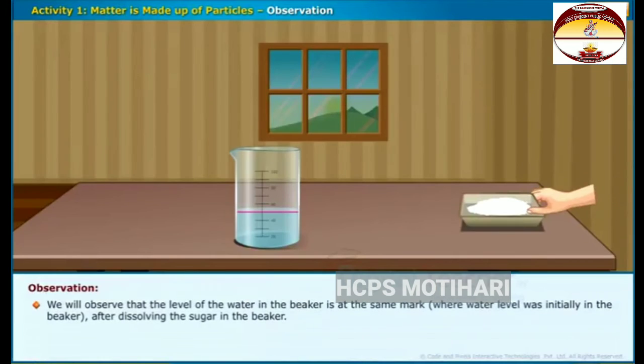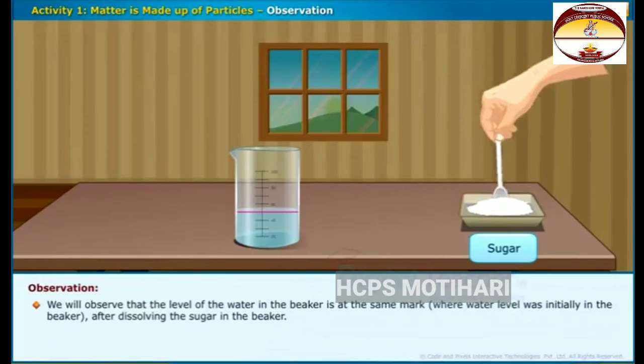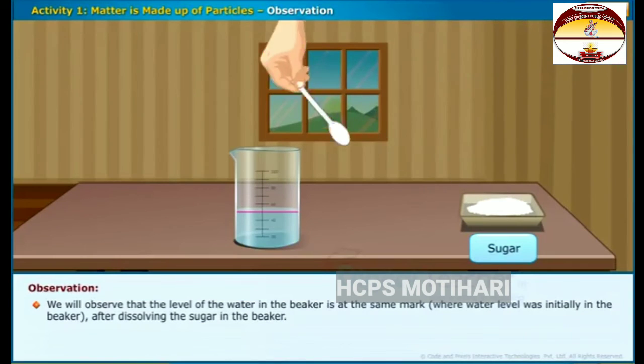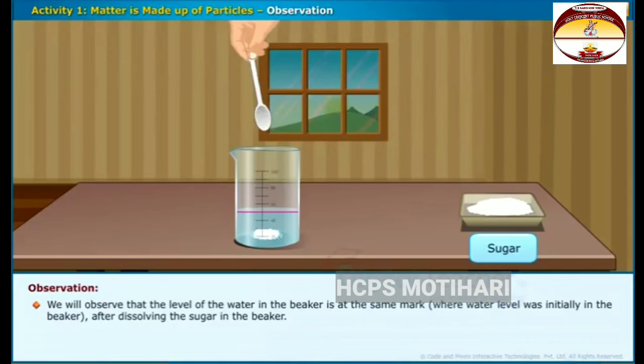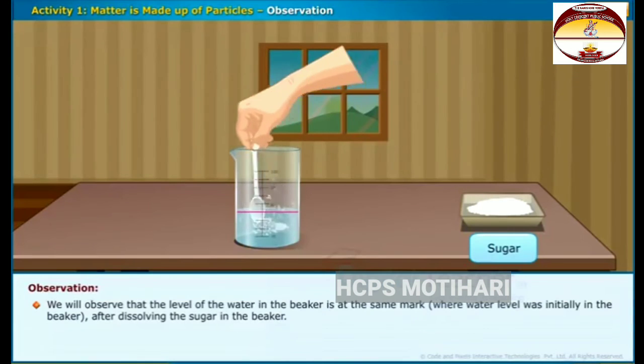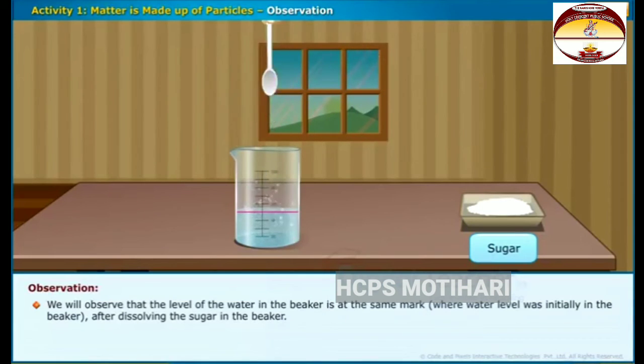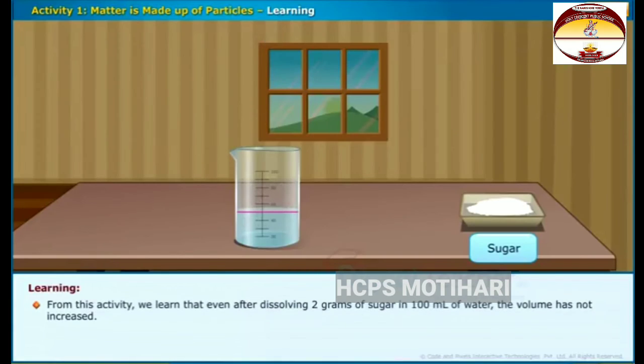We will observe that the level of the water in the beaker is at the same mark, where water level was initially in the beaker, after dissolving the sugar in the beaker. From this activity, we learned that even after dissolving 2 grams of sugar in 100 ml of water, the volume has not increased.